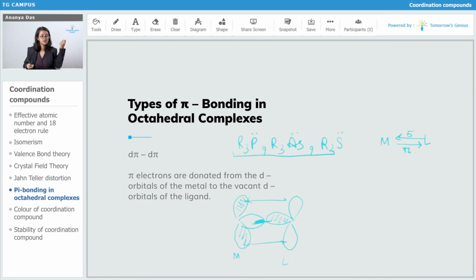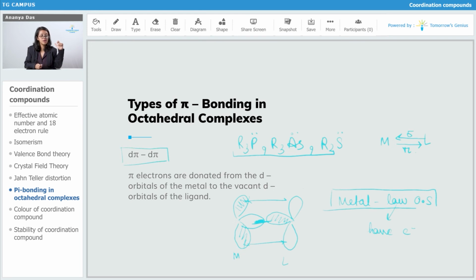The criterion is that the metal should be present in a low oxidation state. If the metal is in a low oxidation state, it is going to have electrons, and only then will it donate to the vacant d orbitals of the ligand. So the metal should have a low oxidation state in the case of d pi d pi bonding.